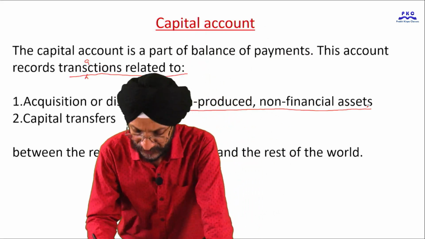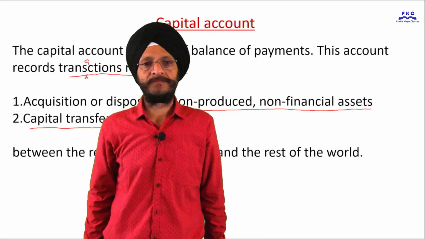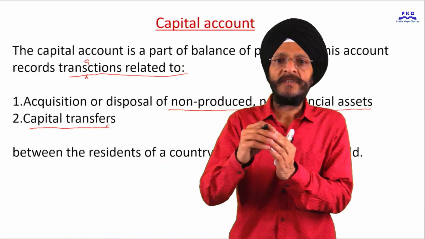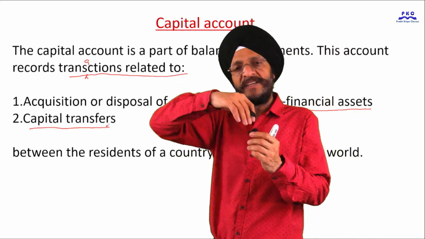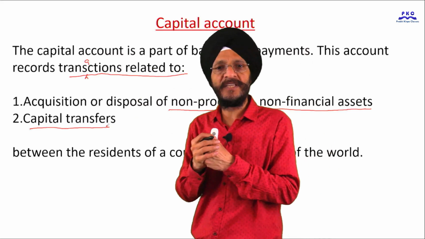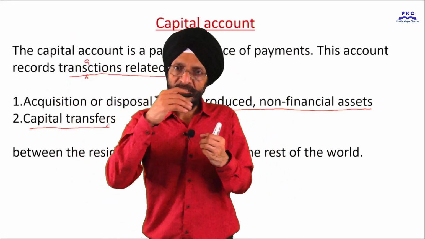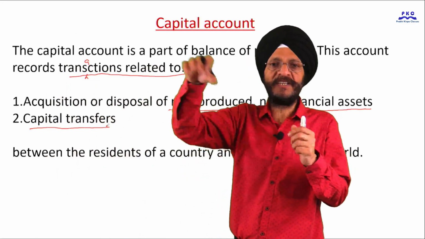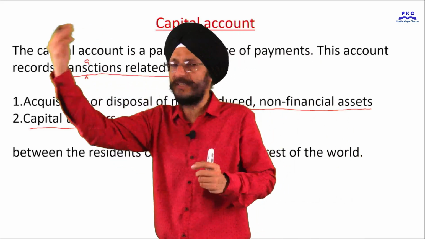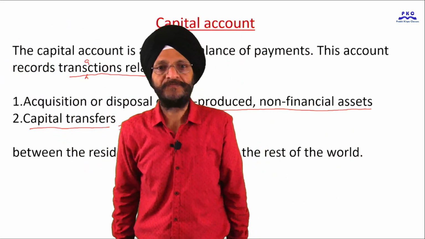And we also record in the capital account capital transfers. If a country has given debt to another country, naturally it will receive the same at some point in time in future. If the country forgives its right to receive, that is, debt forgiveness is given by the country to the other country, it is also recorded in the capital transfer.